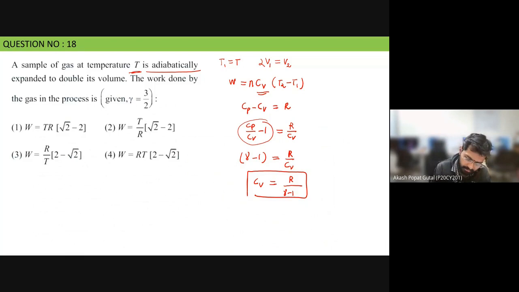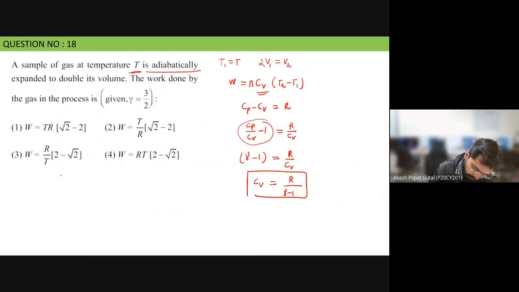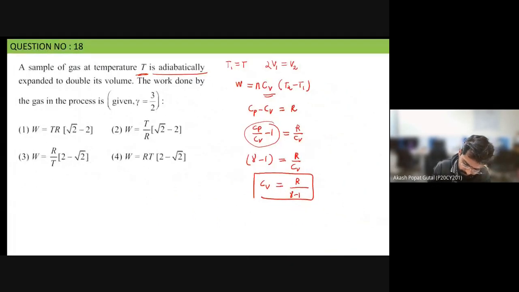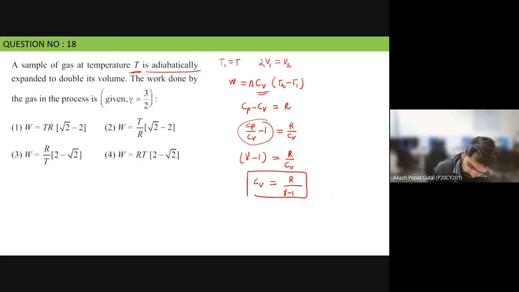We can calculate what is T2. T V raised to gamma minus 1 is actually constant.